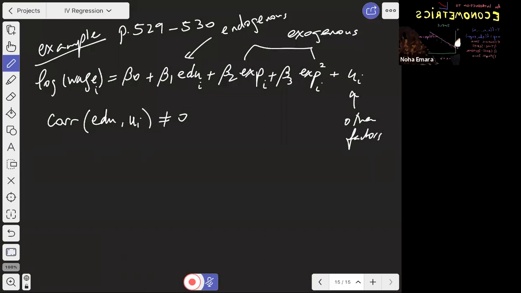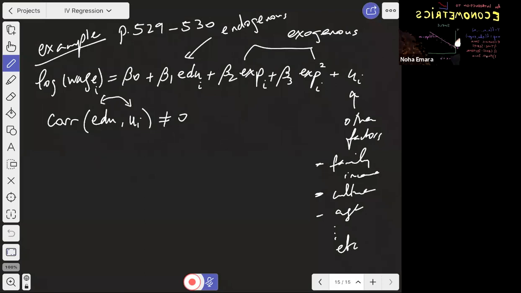What's included in the other factors is, let's say, whether your parents are educated, family income, so many other factors, right? You can think about culture, age, so many factors that might be inside here. And when you think about these factors and education, there must be some kind of connection. So you are trying to think about how can I break this link between education and the error term.